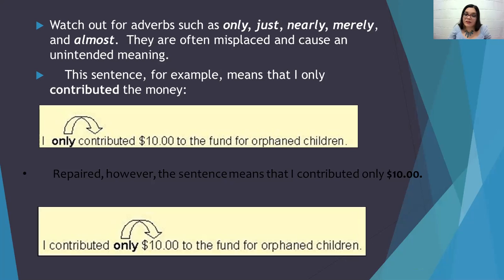A repeat version of this one may be that I contributed only $10. I contributed only $10 to the fund for orphan children. Well, in the first one, I only contributed. That's confusing. But when you place it next to the quantity and you say only $10, then you are intending that it was only that amount of money, right?